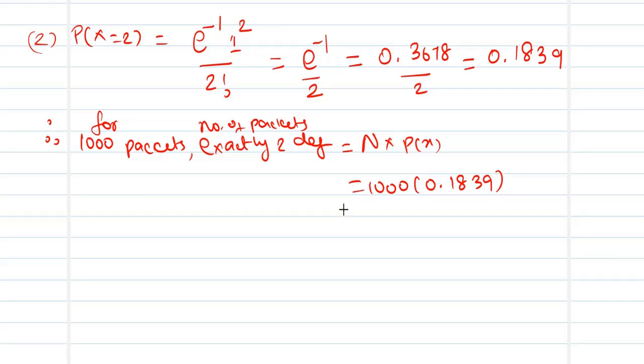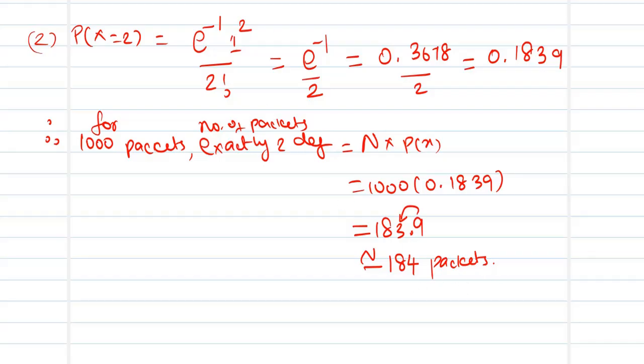So when you multiply it, what will be the answer? 183.9. This again has to be rounded off to the nearest integer. So 183.9 rounds to 184 packets. So out of 1000 such packets, the number of packets to contain exactly 2 defective will be 184 packets.